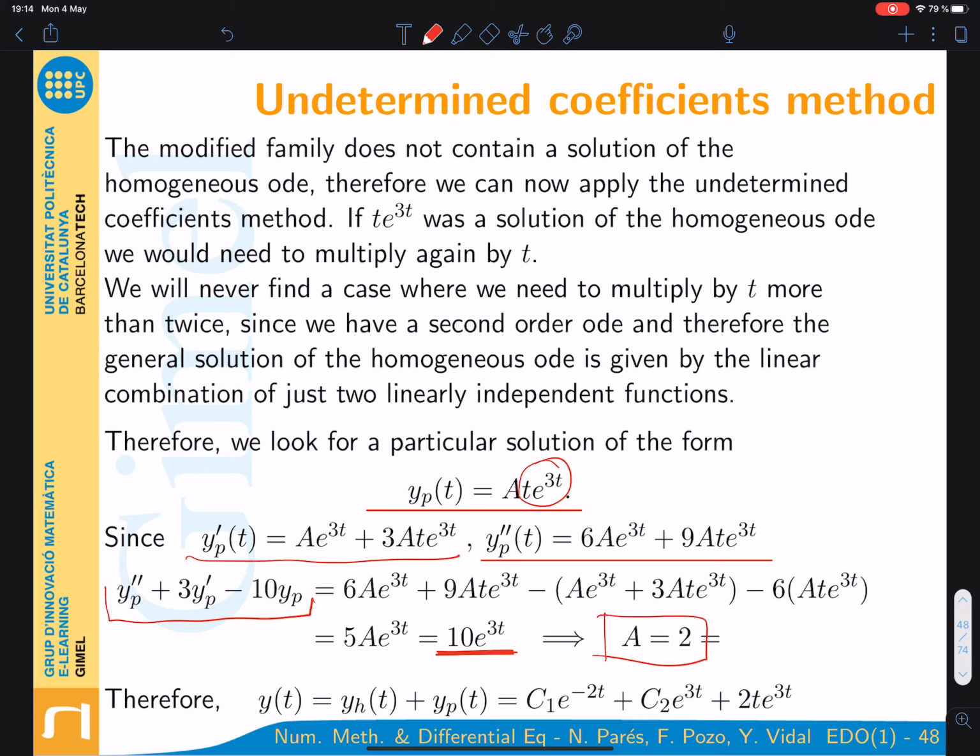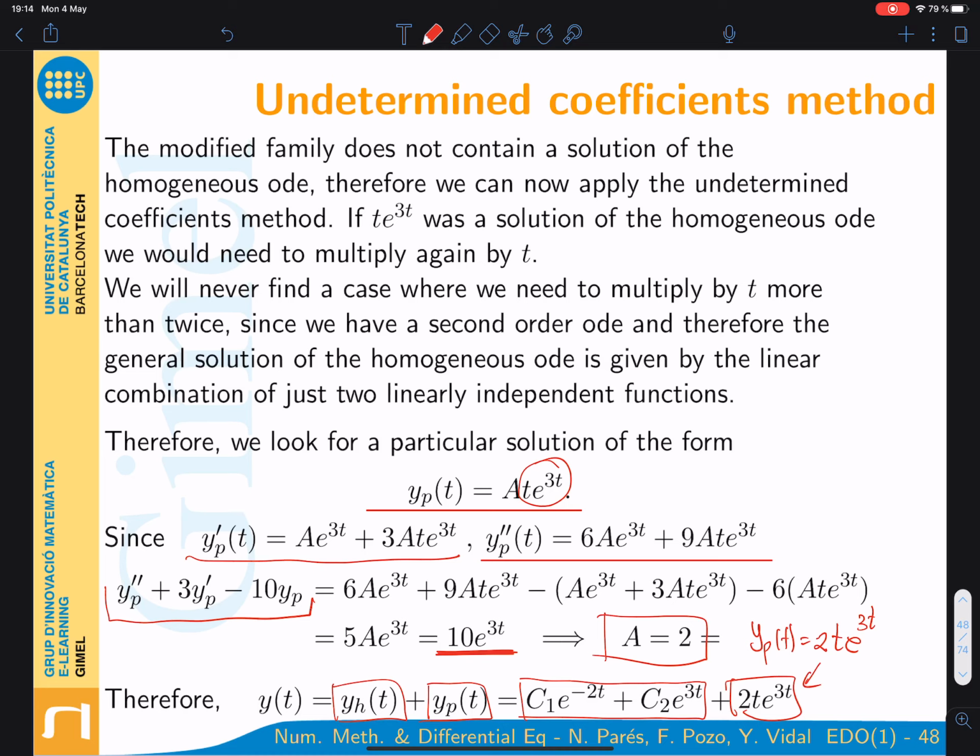So yp is 2t exponential of 3t. Therefore, the final general solution of the problem is the sum of the homogeneous plus the particular solution we found.